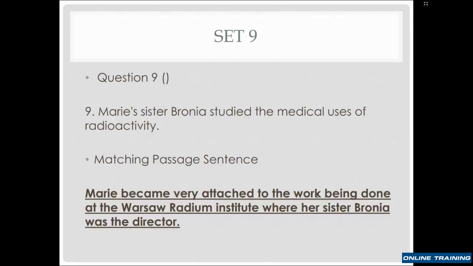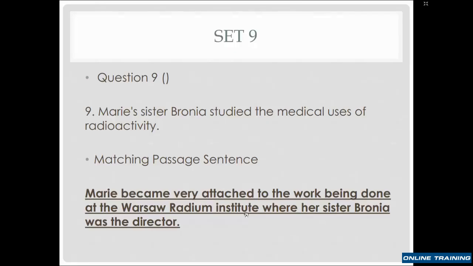All right, so our question says that Branya studied the medical uses of radioactivity. When we look at the passage sentence, it says Marie became very attached to the work being done at the Warsaw Radium Institute, where her sister Branya was the director. This is an example of not given, right? When we look at the passage sentence, we don't know if Branya studied the medical uses of radioactivity.